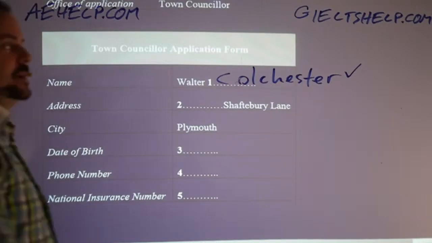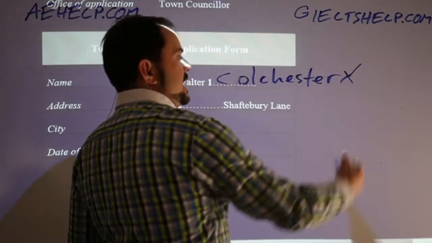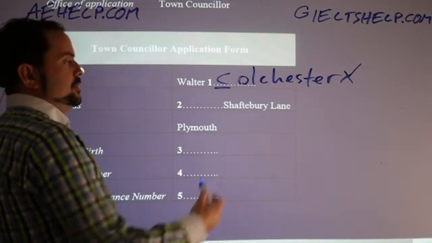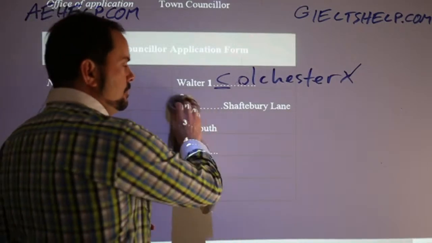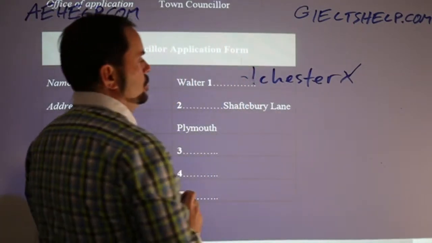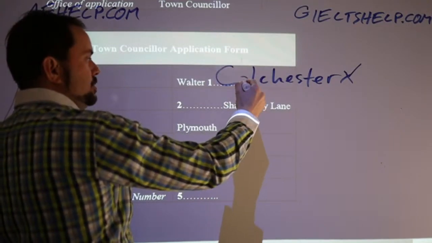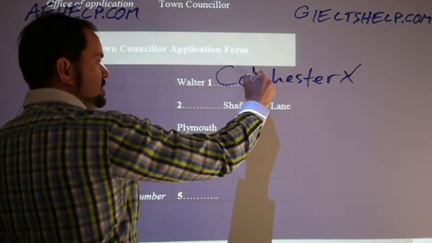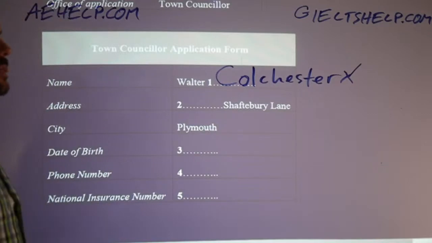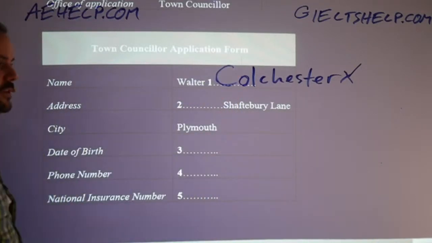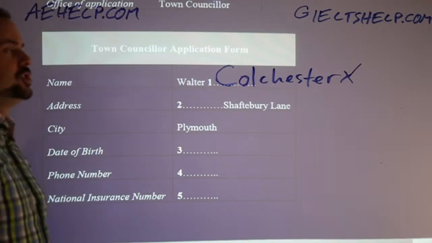some examiners might give you an X for that because I can't really tell if that's capital or not, okay? So if you're going to write it appropriately using capitals and lowercase combinations, then write it with a nice big C, okay? So a very clear big C. Colchester.